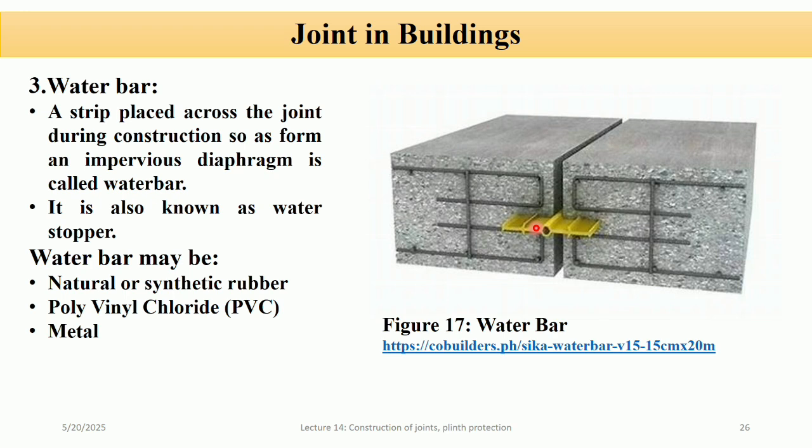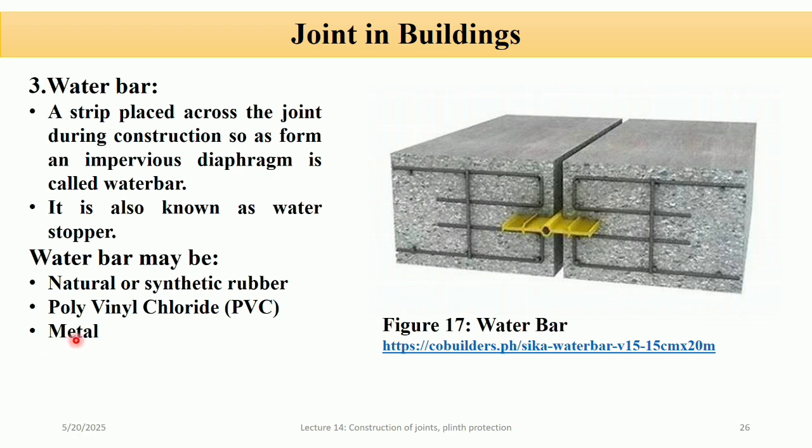It can accommodate some joint movements without damage, and it may be polyvinyl chloride, or PVC in short. It is made from plastic strips which are durable, resistant to chemical and weathering, and often ribbed or with fins for better grip within concrete.